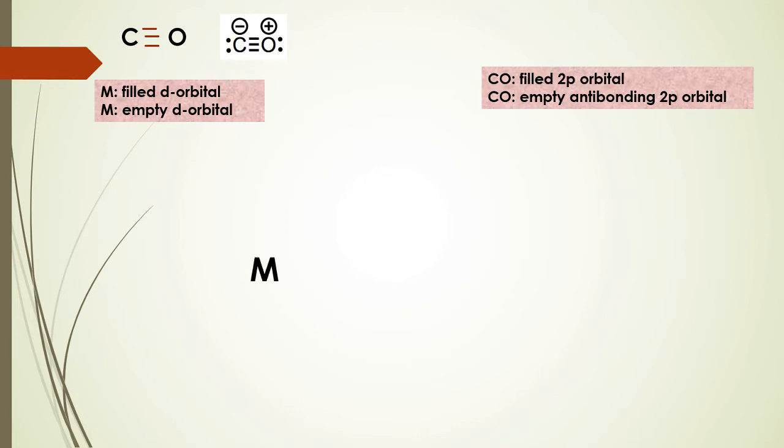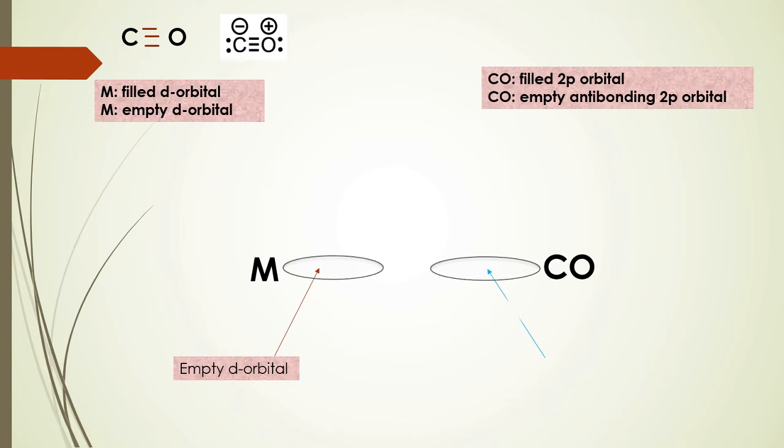Now we see how the metal forms a bond with carbon monoxide. The metal has an empty d orbital, and carbon monoxide has a filled 2p orbital. So the electron pair from the 2pz orbital donates to an empty d orbital of the metal to form a sigma bond.